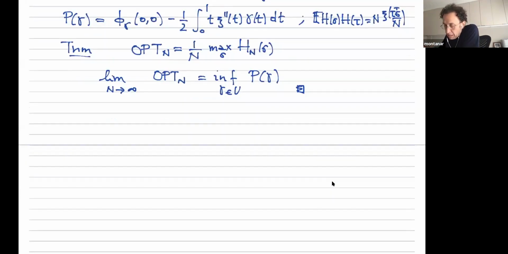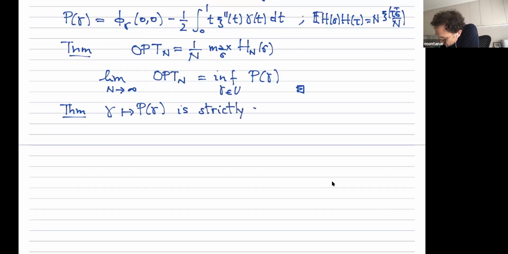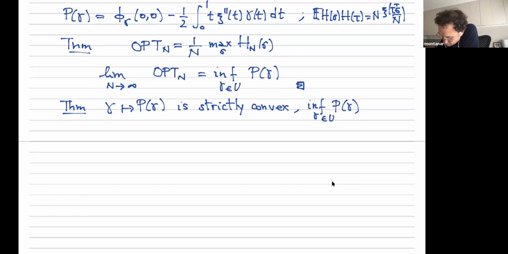In particular, let me state another theorem: this function gamma to P of gamma is strictly convex, and the infimum over the space U is achieved at a unique gamma star.